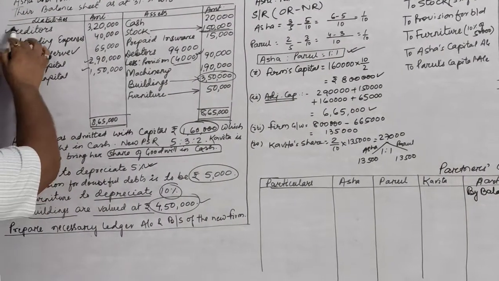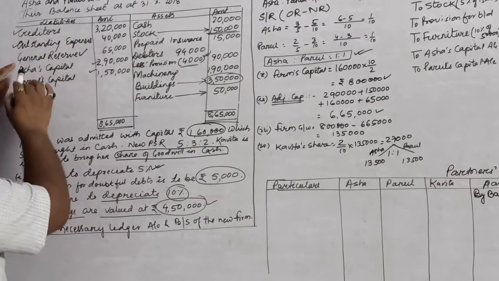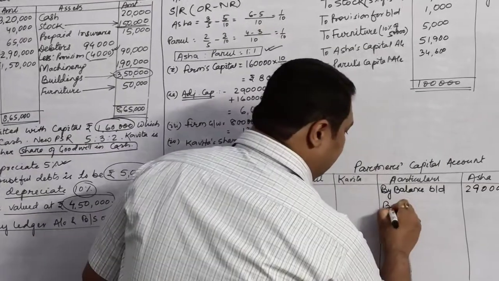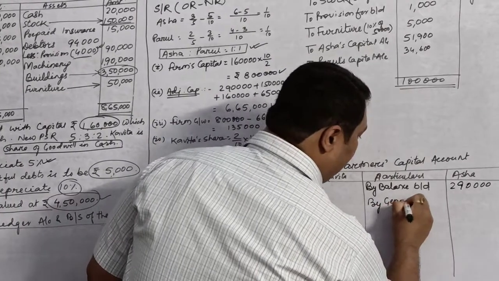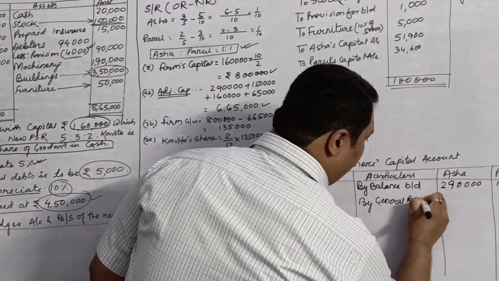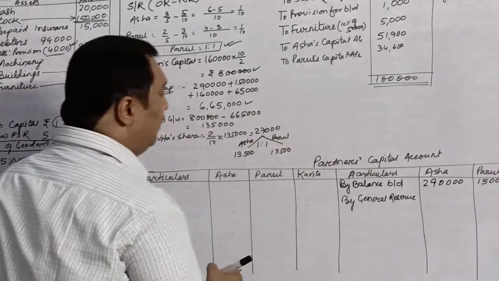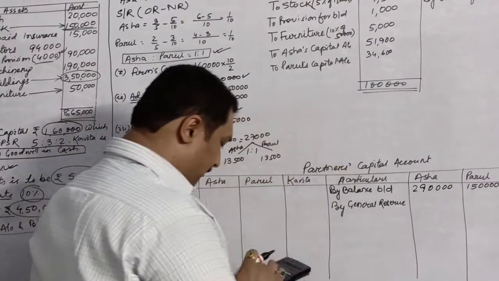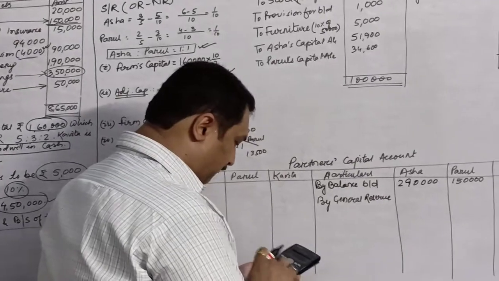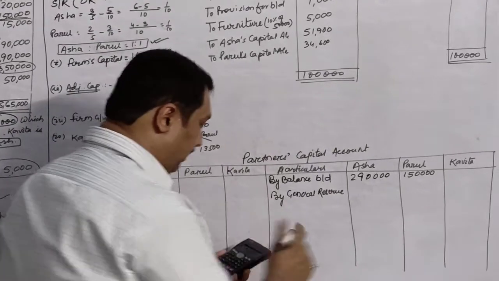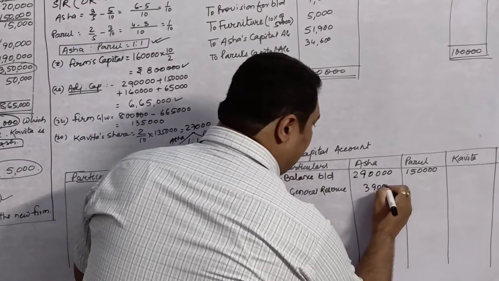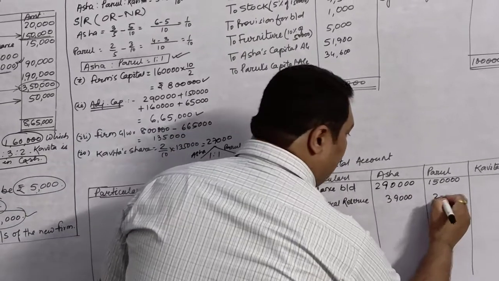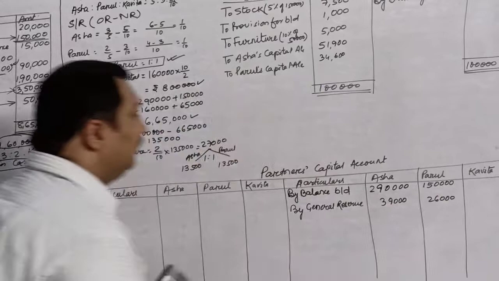We have creditors, a liability, and outstanding expenses, a liability. Next item is general reserve. Since no other instruction is given, this general reserve will get distributed amongst the old partners. It was 65,000. It will be distributed in the old ratio, 65,000 divided by 5 into 3. Asha will get 39,000 and Parul will get 26,000.